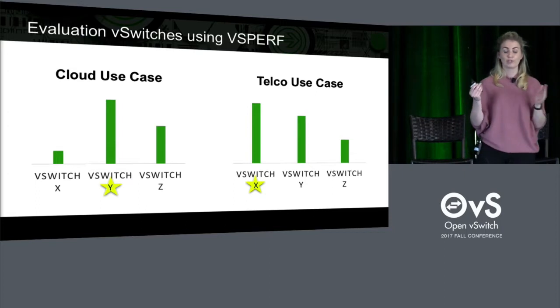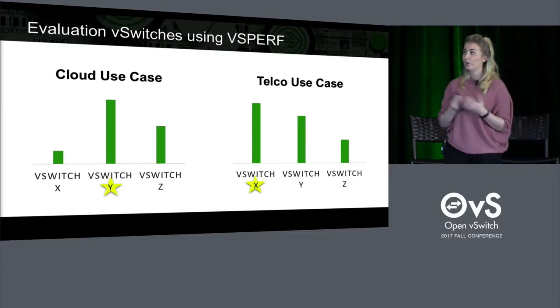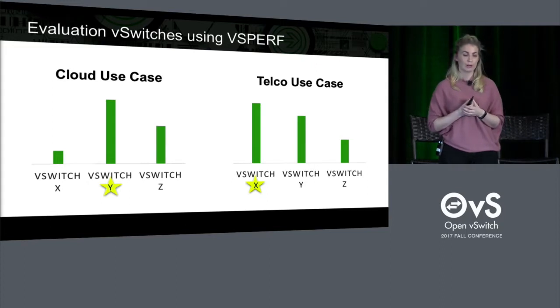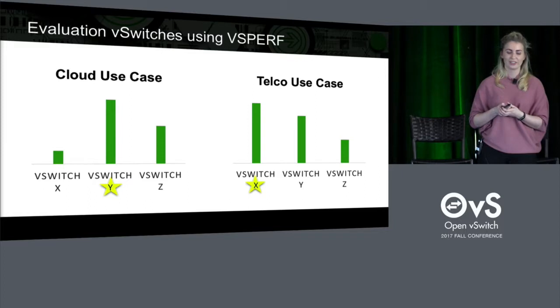So you could use VSPERF to model those two use cases as best you can with topologies and traffic types. And what you'll often find is that a different vSwitch will come out on top for the different use cases. So that's just one way VSPERF could be used to do a bit of evaluation.